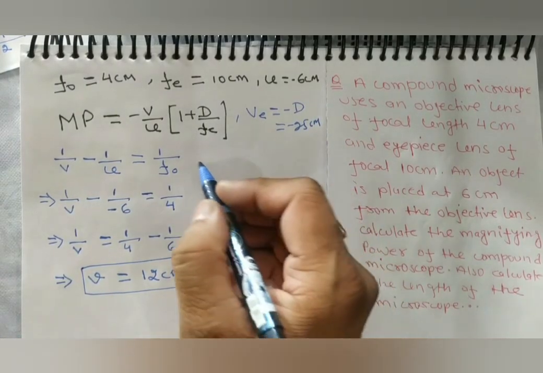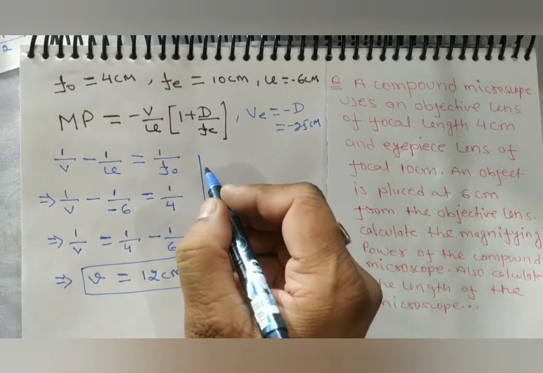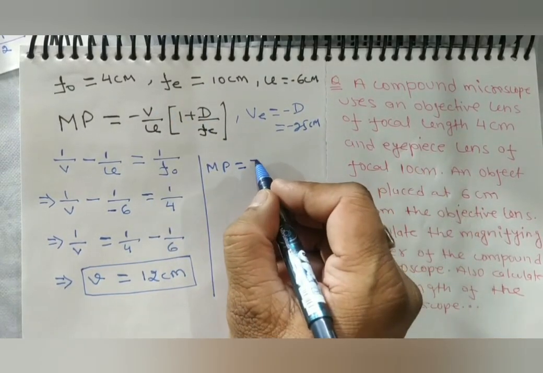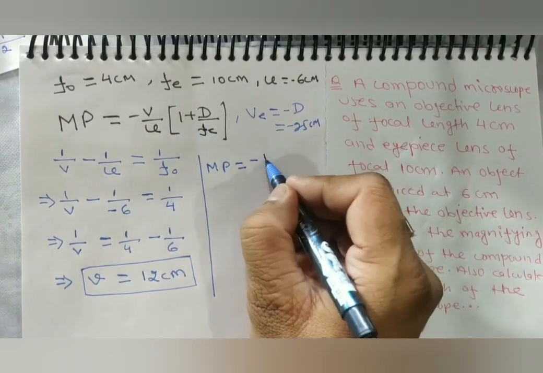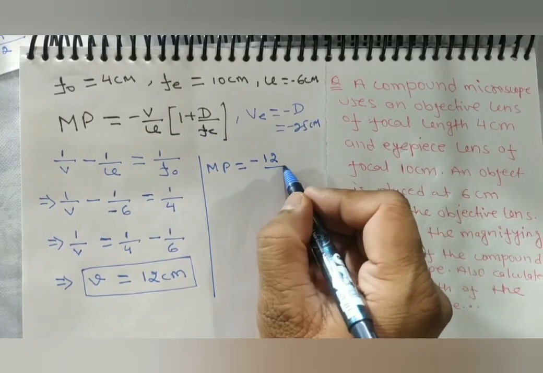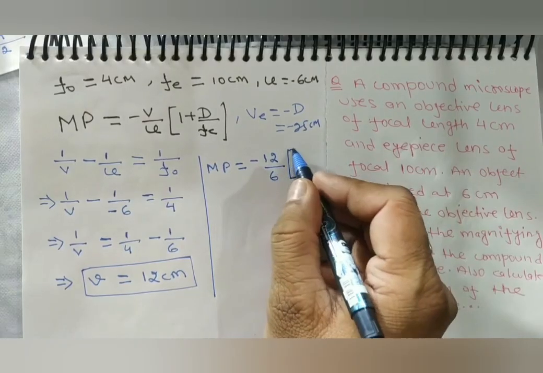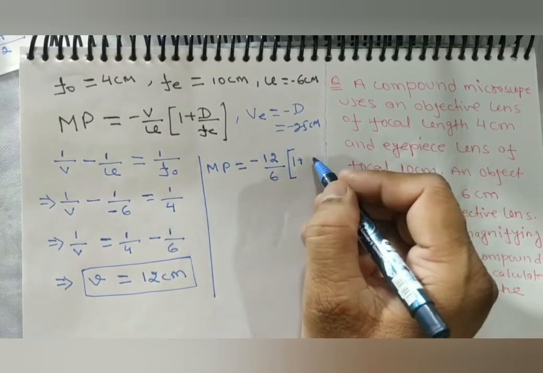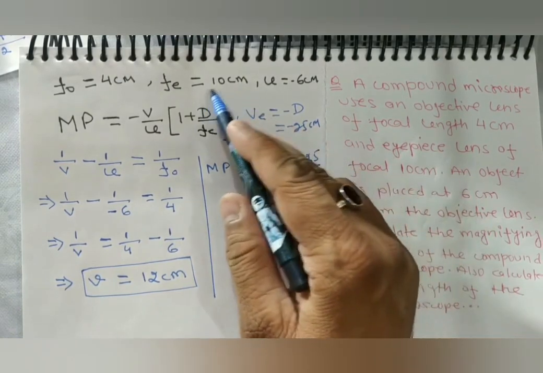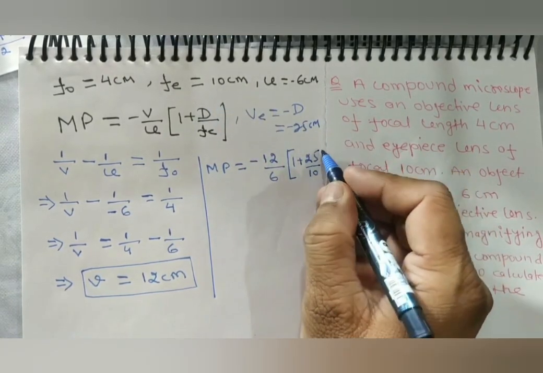So just put the value and we will get the magnifying power MP. It is minus V, which is 12, and U is 6, 1 plus D is 25 and Fe is 10.